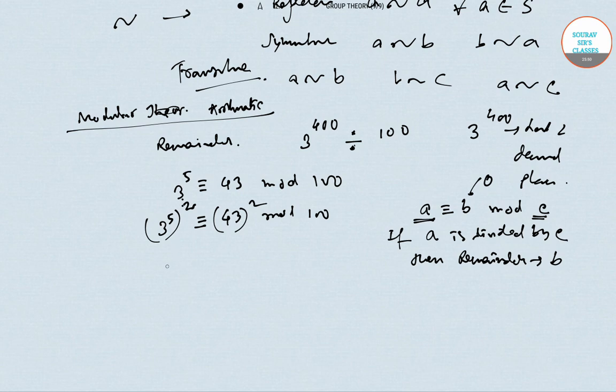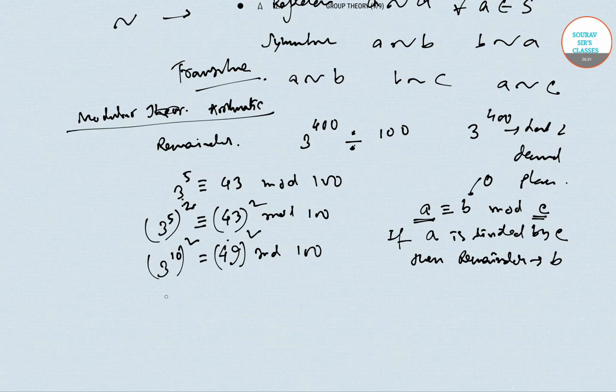Then this is actually 3 to the power 10 and 43 squared. For 43 into 43, I have a very shortcut pattern that you can follow. 43 into 43 is 1849, so the last two digits give modulo 100. If we square again, we only need the last two digits of 1849: 49 times 49, so 9 times 9 is 81 plus 2, so 01.